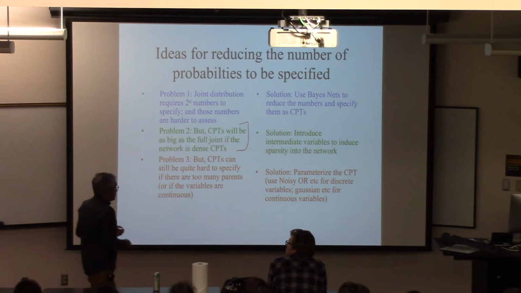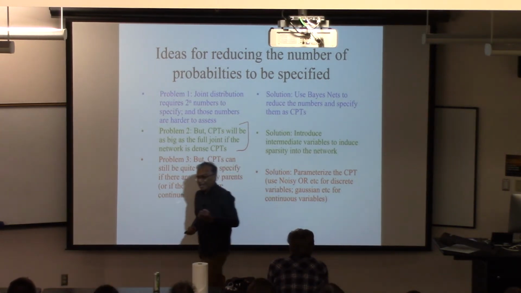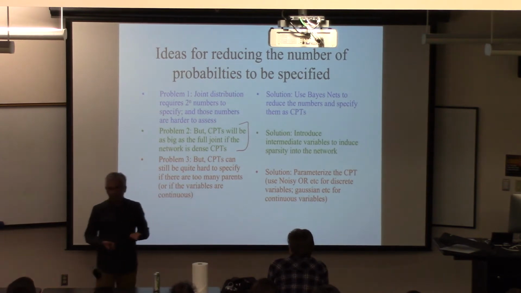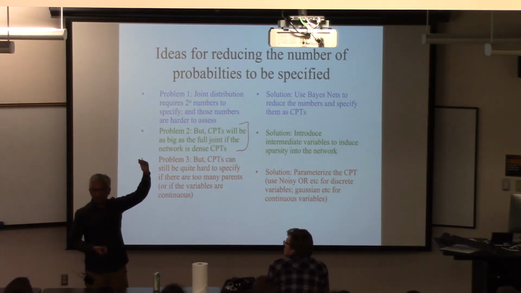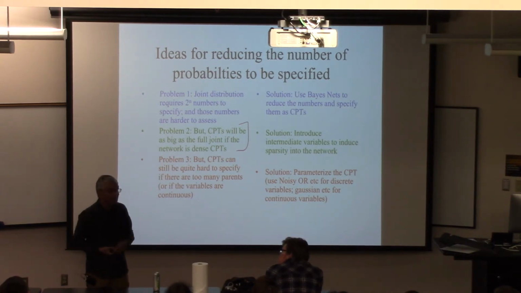Okay? In particular, that should not be surprising at all: to provide, let's say, a distribution for a continuous variable given a parent, you would need an infinite number of numbers. But you never use an infinite number of numbers. In fact, the first distributions you learned were things like the normal distribution.